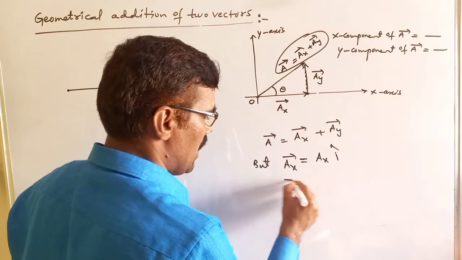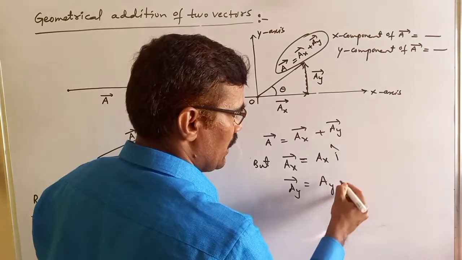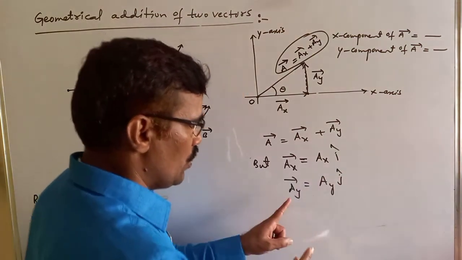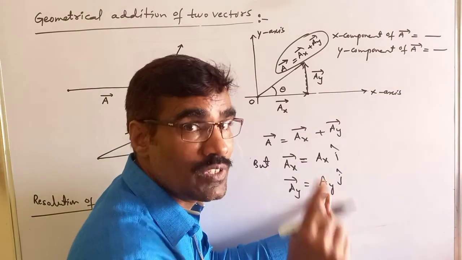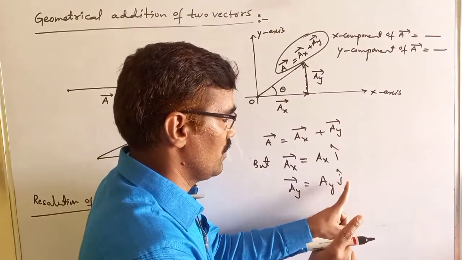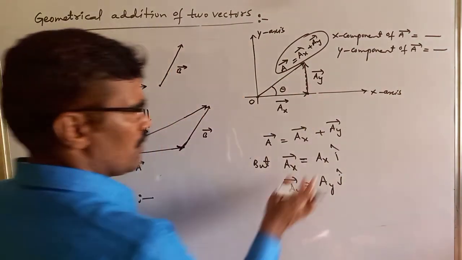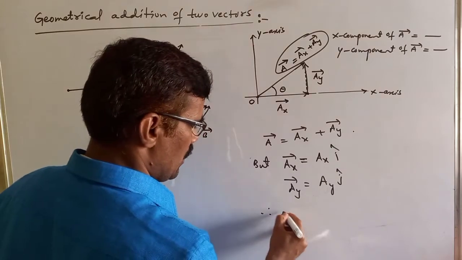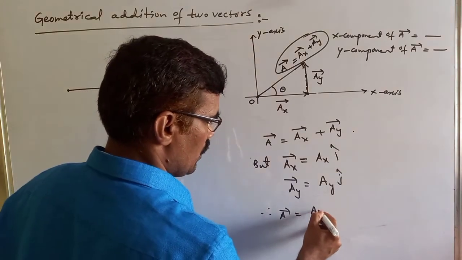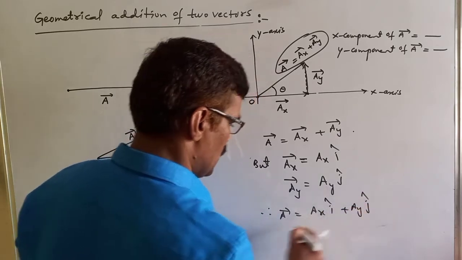Then Ay bar is equal to Ay j cap, the y direction. Therefore A bar is equal to Ax I cap plus Ay j cap.